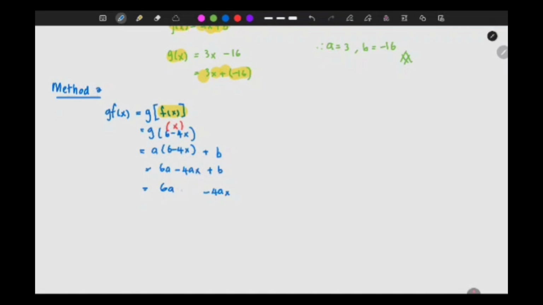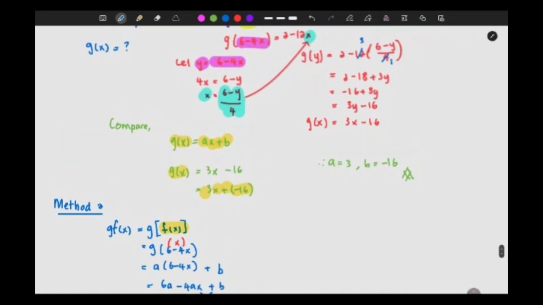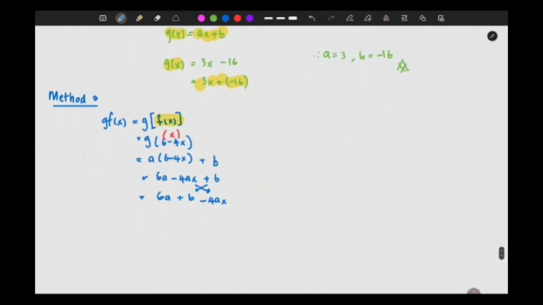Now this is your g(f(x)). Let's compare this with what they give us. So the g(f(x)) that the question gives us, so now this is your g(f(x)), 6a plus b minus 4ax. The g(f(x)) that they give you is 2 minus 12x.